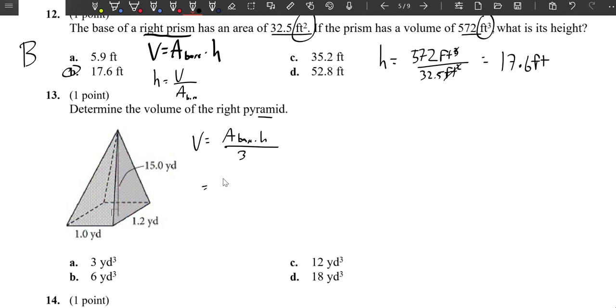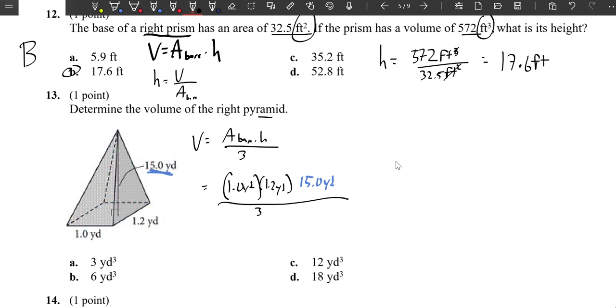So the area of the base is 1 yard by 1.2 yards. So these two together get me the area of the base. And the height is this line right here, 15 yards. And if we divide by 3, we'll get the volume.